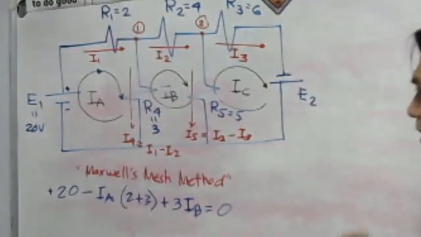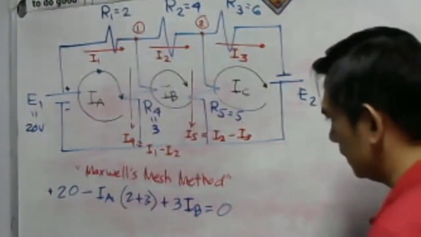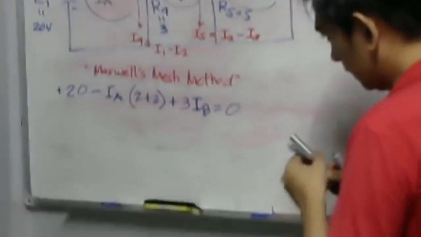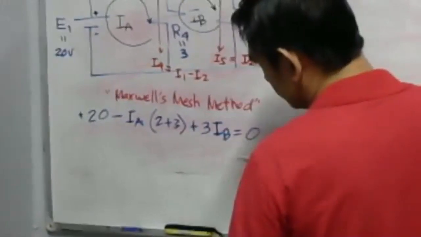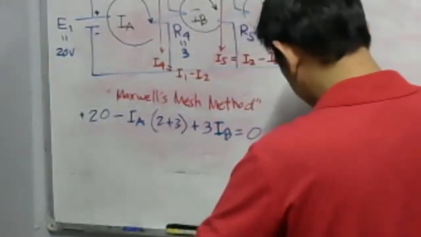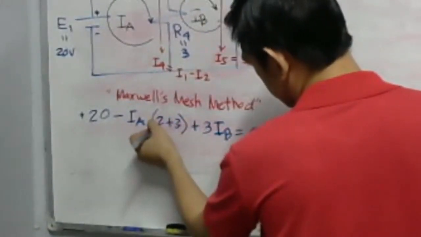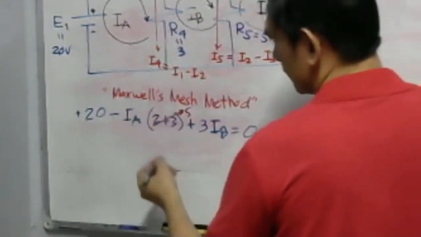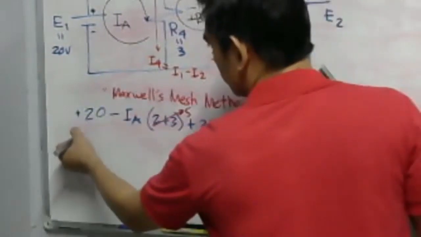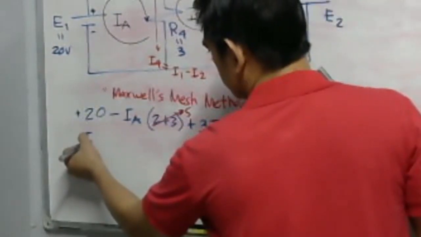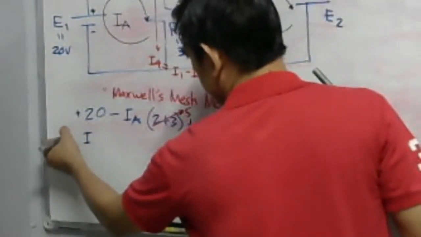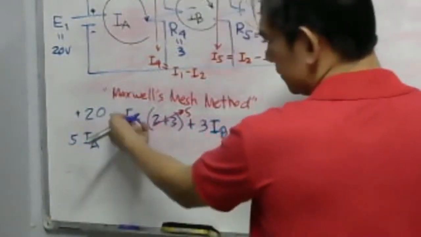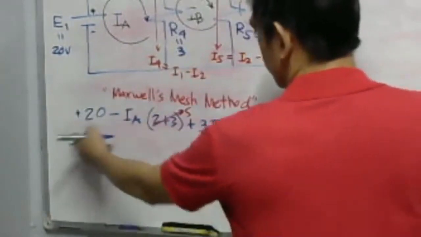So that's it. Let us simplify. 2 plus 3 here, so we have 5. Let us transpose. Negative will become positive, so that will become 5IA.